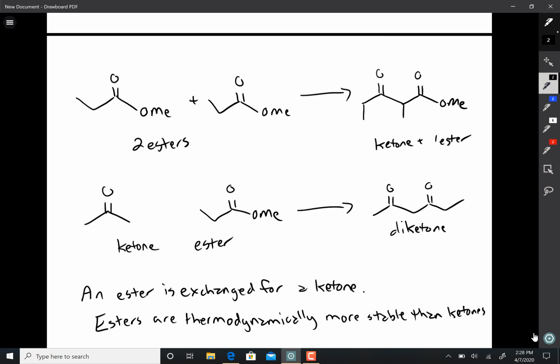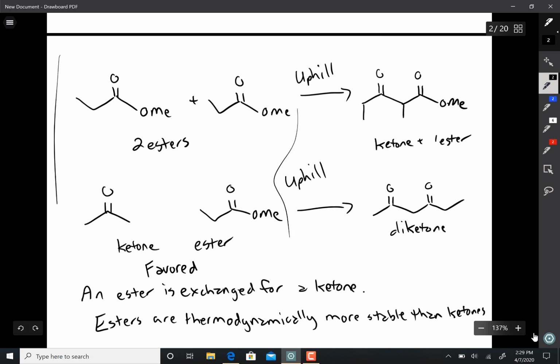So as a result, each of these reactions, they're reversible reactions, but they are uphill reactions, making the favored side the starting material side.